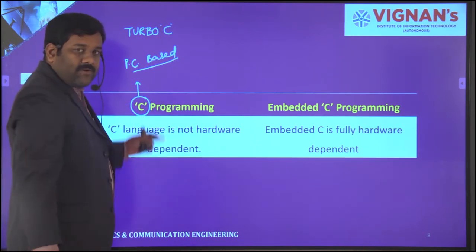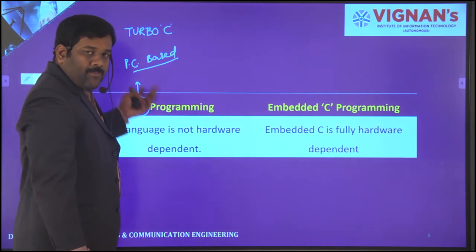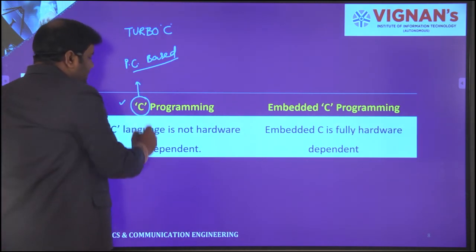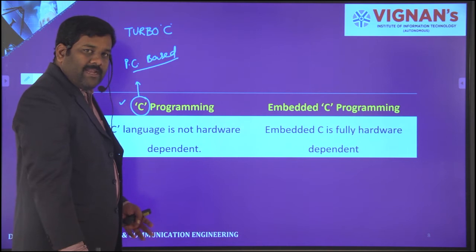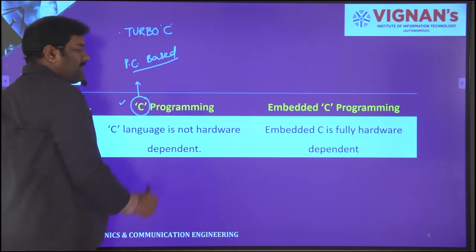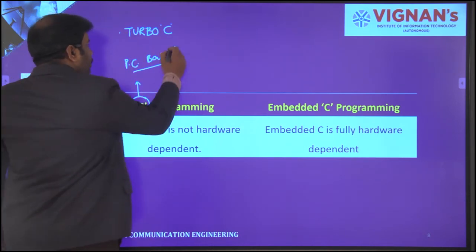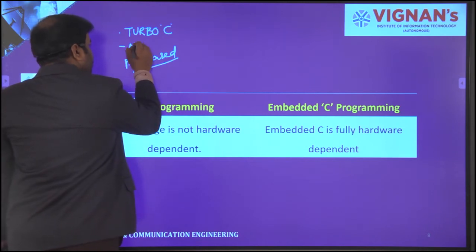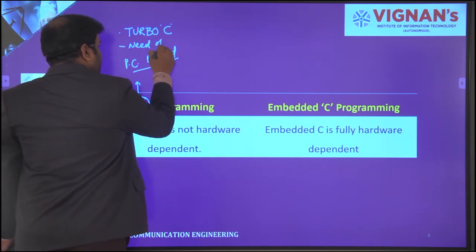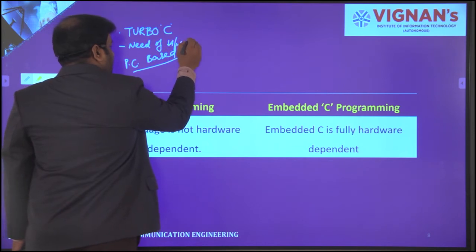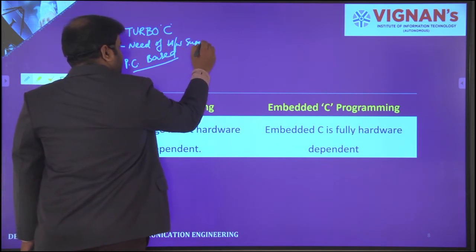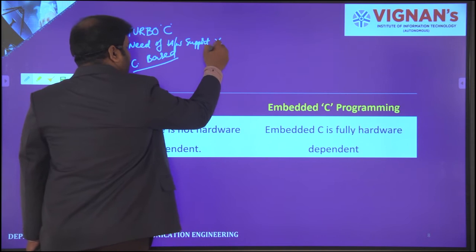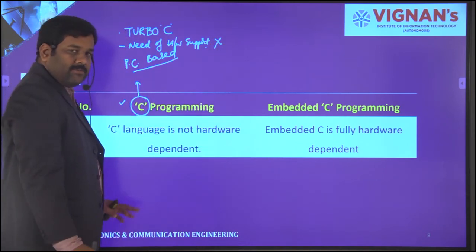It is the software to implement any program, and it will support executing or compiling any program in Turbo C. So there is no need of any hardware support. I don't want any hardware support. If a PC is available, that's enough for me.